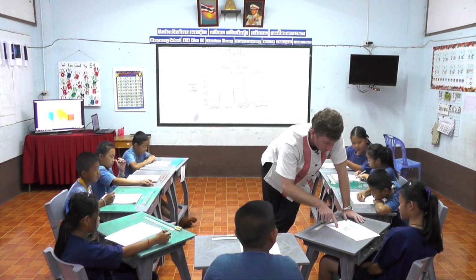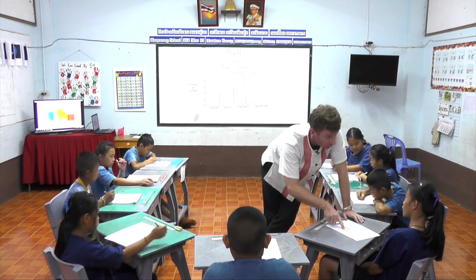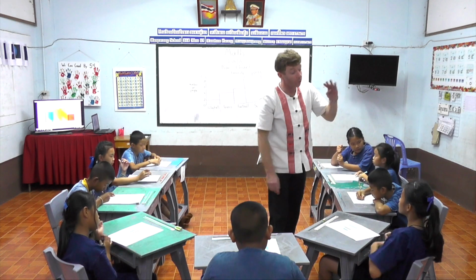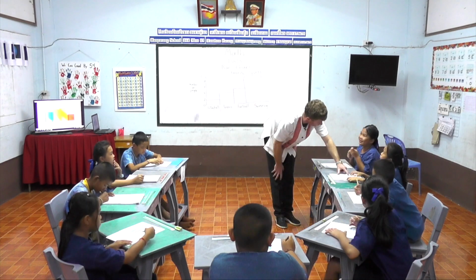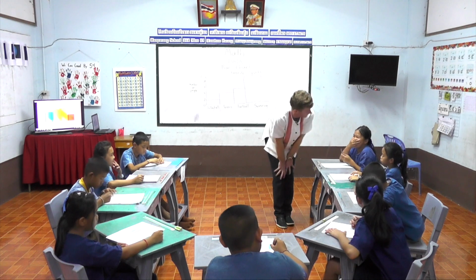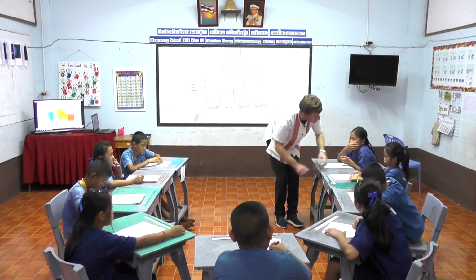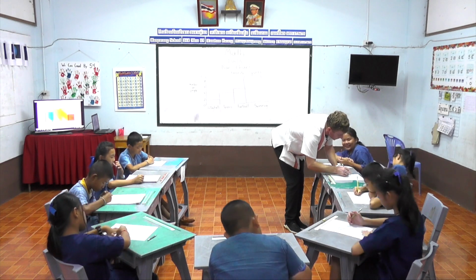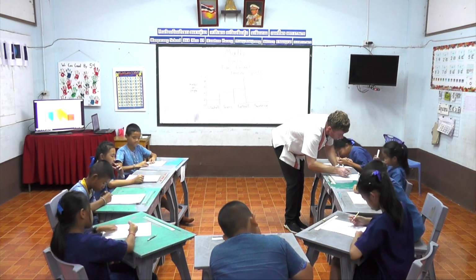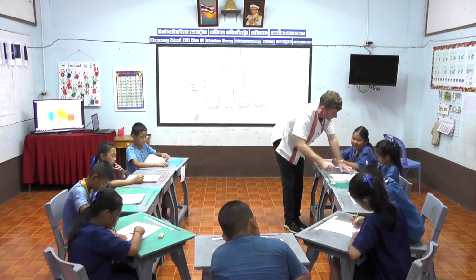So 7 minus 3 equals 4. Correct. So we know 4 more elephants than ducks were sold. Correct answer for this one. Write the answer to this question here and then we will swap. Okay, teacher will know.